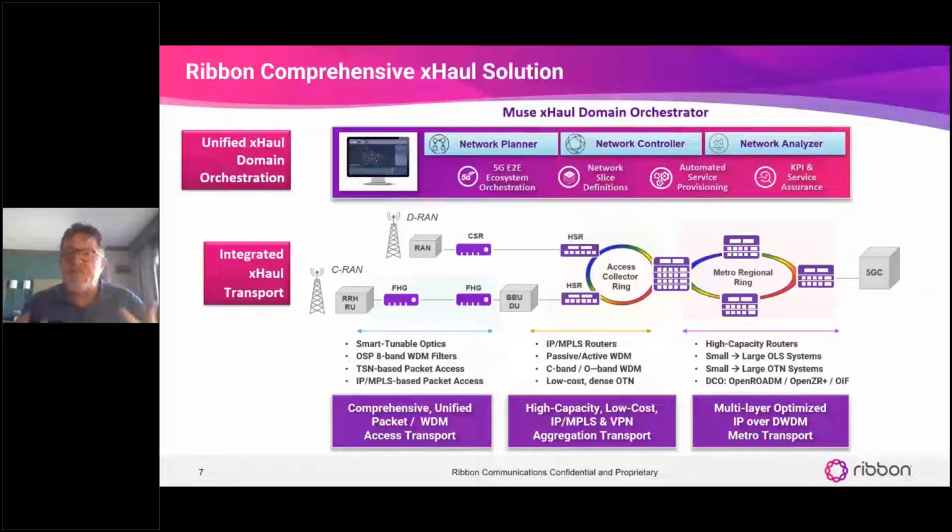And then on top of that, because it is getting more complex, necessarily so because of what 5G is demanding that we support, you need a software solution, right? And this is more than just an NMS.